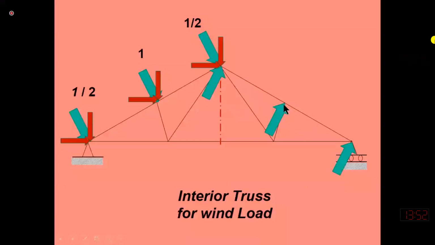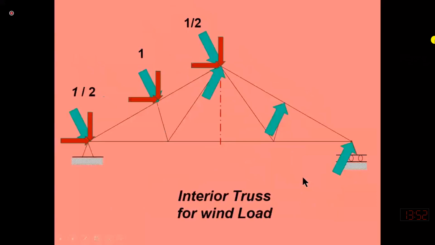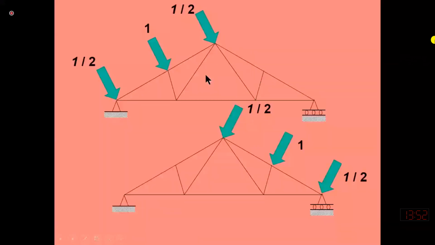If you multiply this wind load analysis by -1, that is equivalent to these forces. It means that the summation of this force analysis plus this analysis multiplied by -1 will be equal to the total analysis.